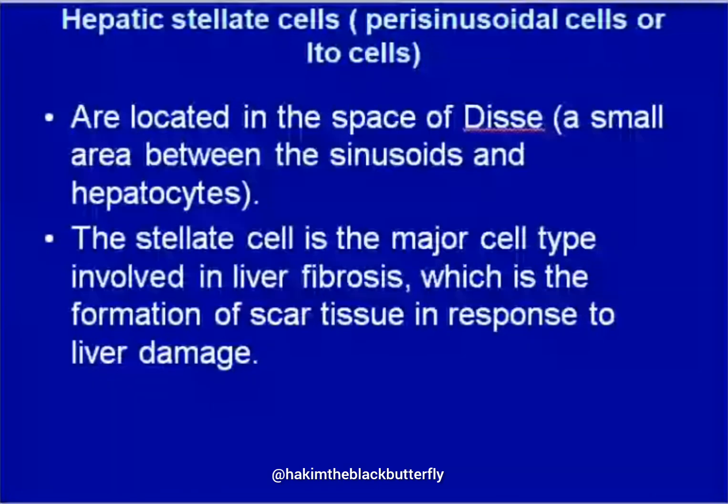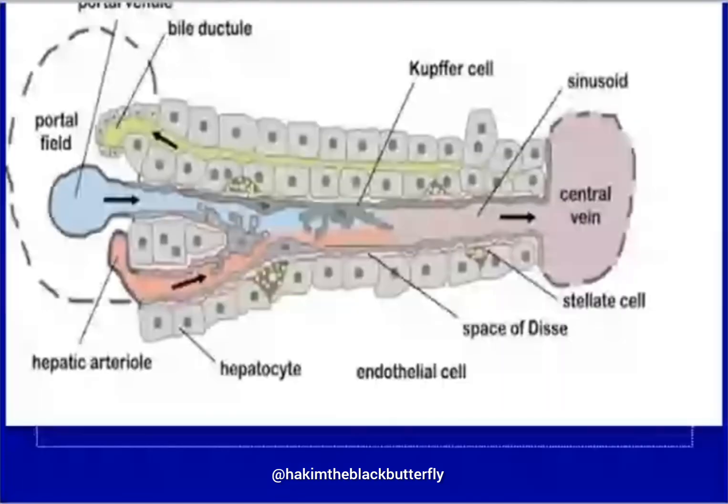We are breaking down the liver piece by piece in detail. Similar example: central vein, bile duct, portal vein, hepatic artery. You can see the sinusoid. Blood is going towards the central vein, pouring there. And then inside you can see the Kupffer cells.